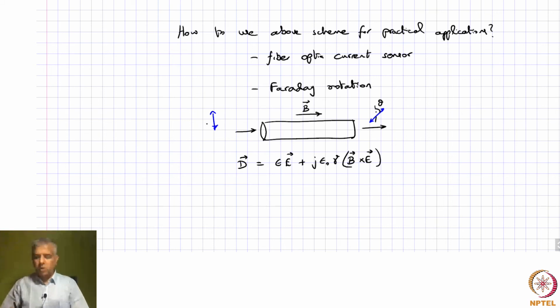What that tells you is the response of the material, which is characterized by this displacement vector. The response of the medium is such that it rotates, because this is a curl B cross E, which means that it's rotated with respect to the input orientation of the light.